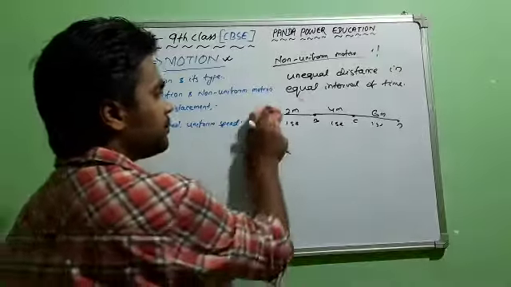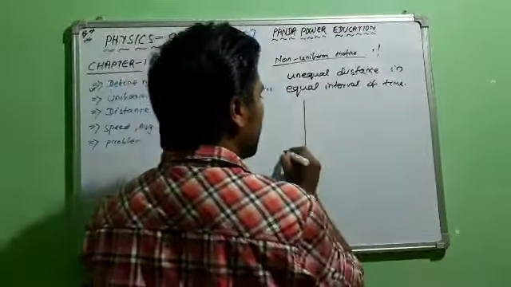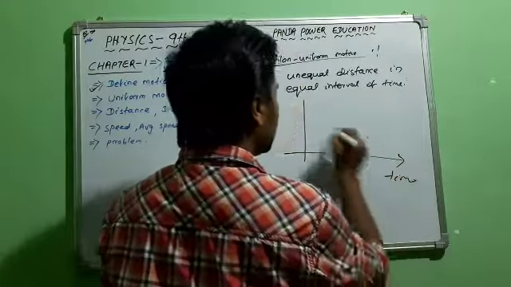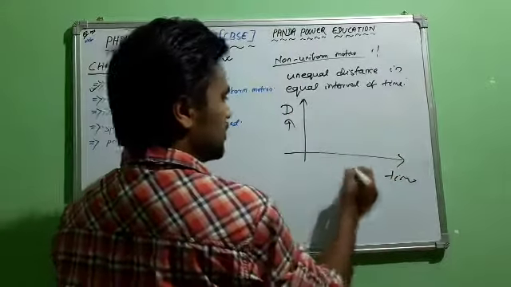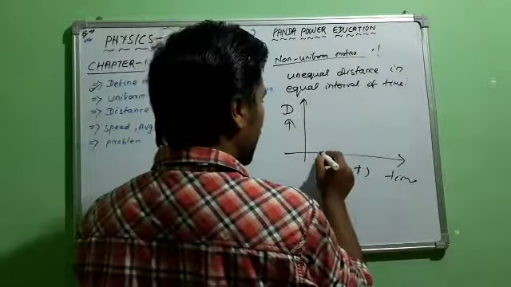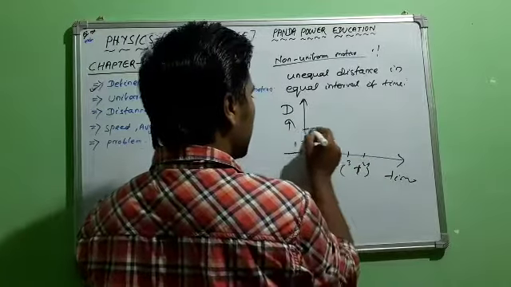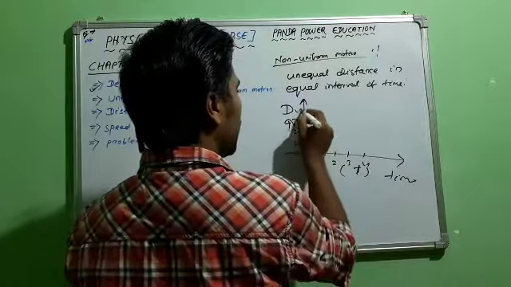Got it? So I am taking a graph of non-uniform motion. Here this is the time axis, this is the distance axis. I am taking 1 second, 2 second, 3 second, 4 second. Here 1 meter, 2 meter, 3 meter, 4 meter.